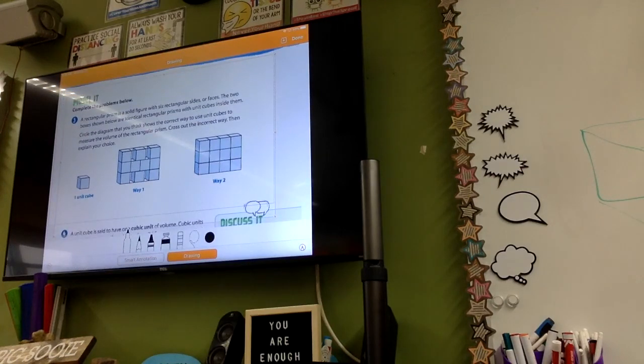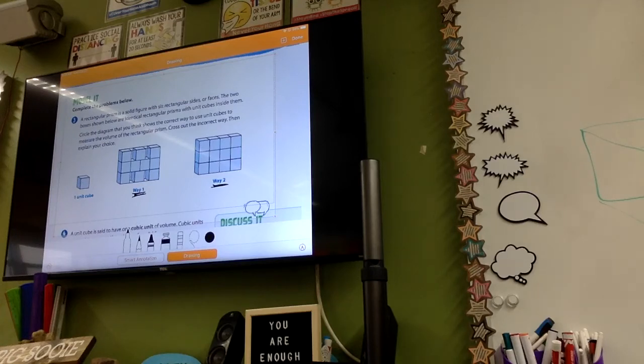All right, so we are looking here at way number 1 and way number 2. So that's the 2 rectangular prisms they're talking about. They are identical with unit cubes inside of them. Everybody see the unit cubes that are inside of those 2 prisms.